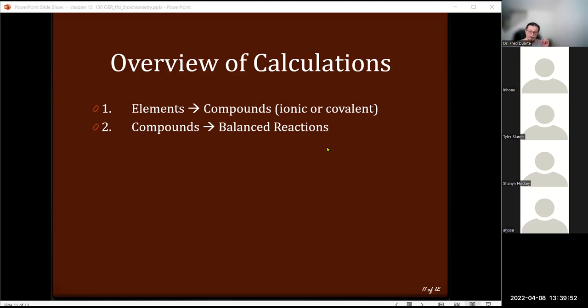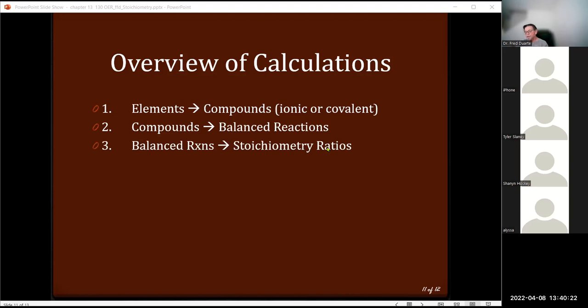Those coefficients, those numbers in front of the compounds that we use to balance it, we utilize because that's the stoichiometric relationship between reactants and products, okay? And we can use those relationships as a ratio. And depending on the question asked, we can set it up to do calculations, which we've gone through.